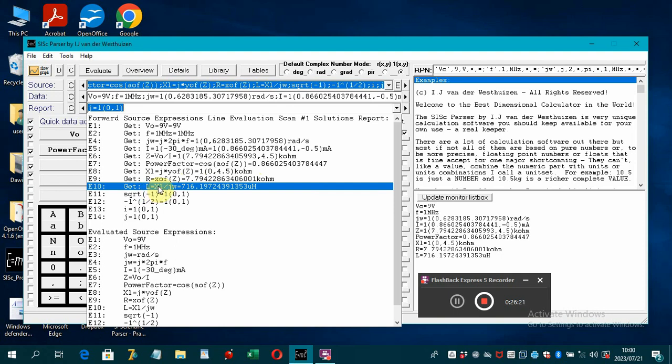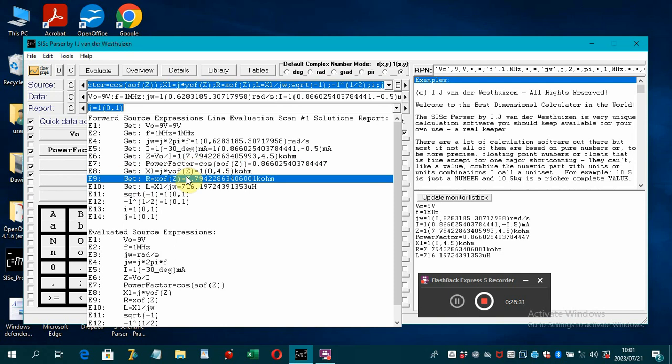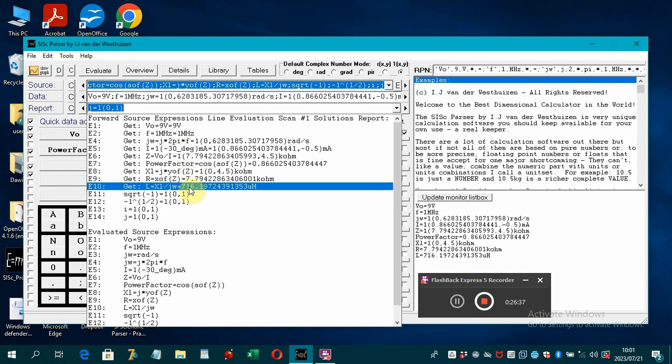But the current through the inductor will, now the current will lag. We have a lagging power factor because we have a minus 30-degree phase angle overall, you see there, and that means the current lags by 90 degrees through the inductor, the voltage.